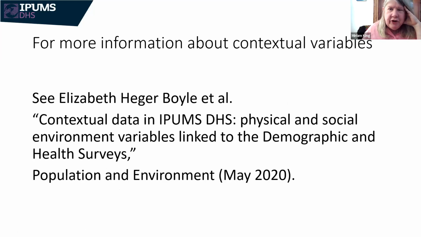For more information about the contextual variables, I would direct you to this article by Liz Boyle and me in Population and Environment, May 2020, where we talk about the data available, how we created the contextual variables, and how to use them.